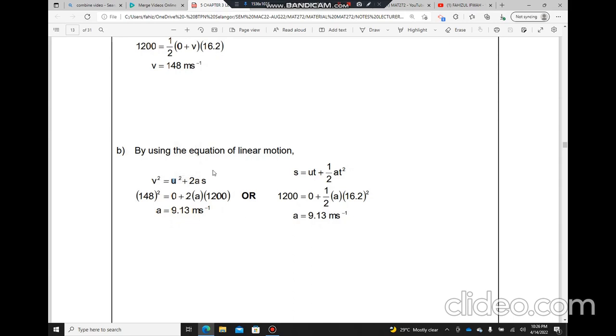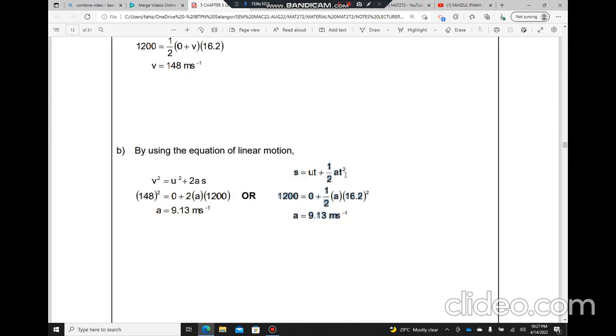Okay, katakan tak nak guna formula ni, kita ada satu lagi formula, S equals to UT plus 1 over 2 AT square. Okay, so sama juga. S we substitute with 1200, and then U equals to 0, 1 over 2 A, T is 16.2. So we get 9.13.